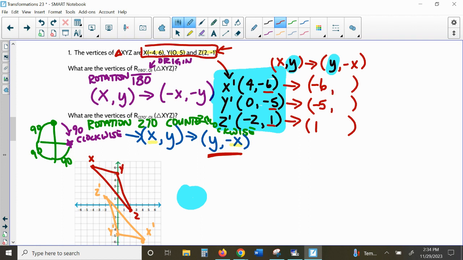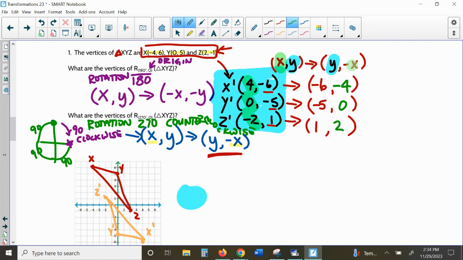Then I'm going to take my X, and I'll put him over here, but I'm going to change his sign. So I got to take all of my X's, him and him and him, and I got to change the sign of all of those. So that's going to make a -4 over here. Change the sign of 0, still 0. Change the sign of -2, that makes a +2.